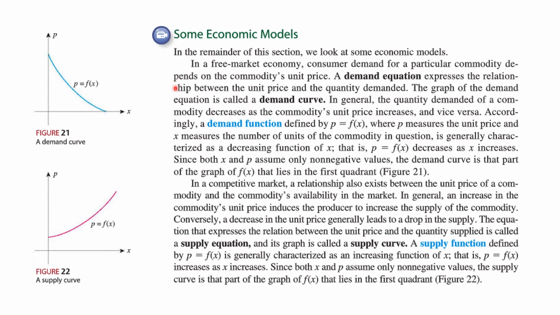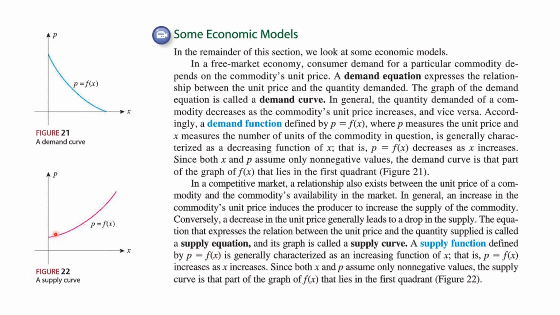We are going to be talking about some economic models. A demand function expresses the relationship between a unit price and the quantity demanded. You see, the higher the price, the lower the demand. The lower the price, the higher the demand. So a demand curve looks like this.